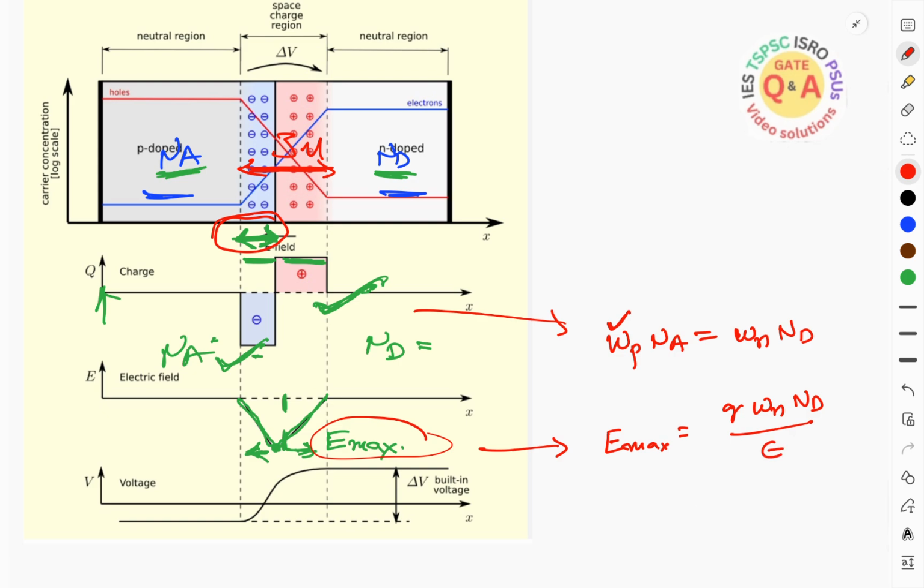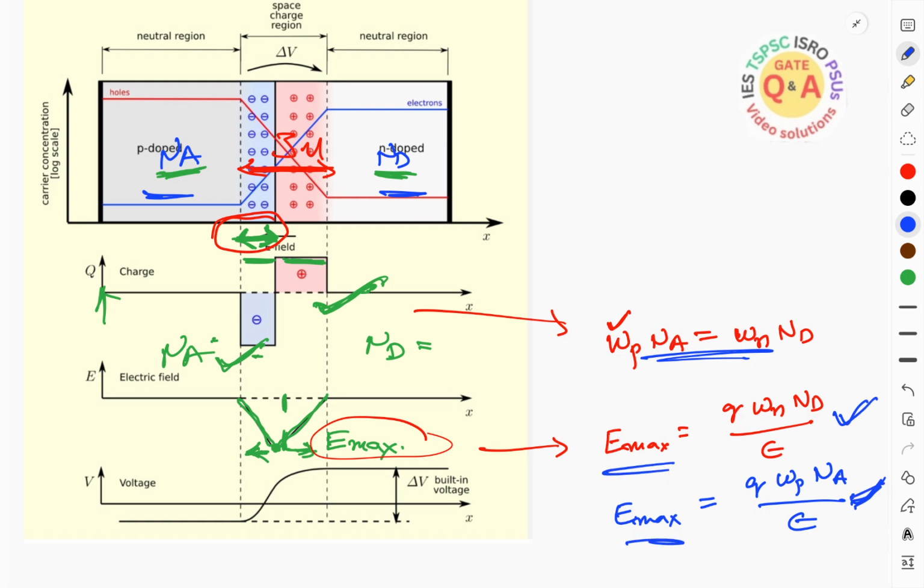We can also write it as charge times P side width times acceptor concentration divided by permittivity. These two will give the same result because the two products are equal. So whichever formula we use, we will get the same maximum electric field. We need to remember these two formulas.